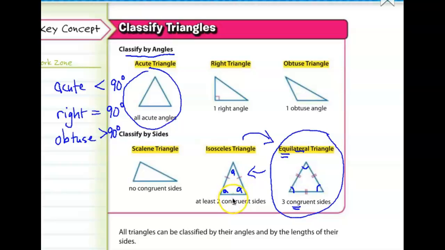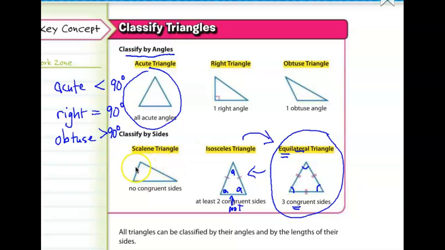No, not always, because this particular side here is not equal. So you just have to think carefully about what you call it. If it has two equal sides, automatically isosceles. Three equal sides, it's isosceles, but it's also, if it's three equal sides, equilateral. Okay.